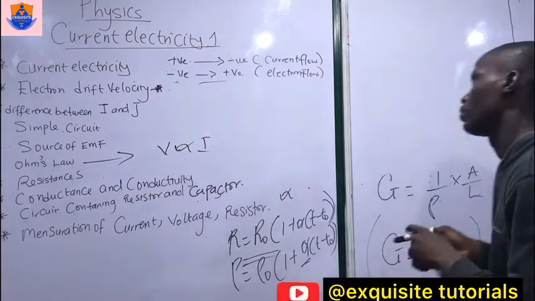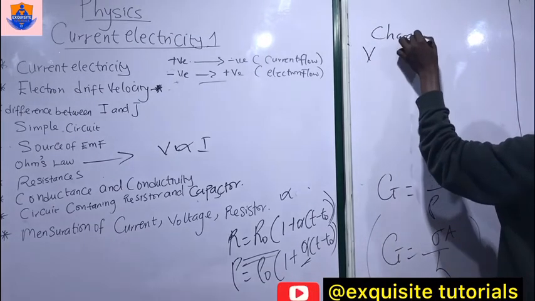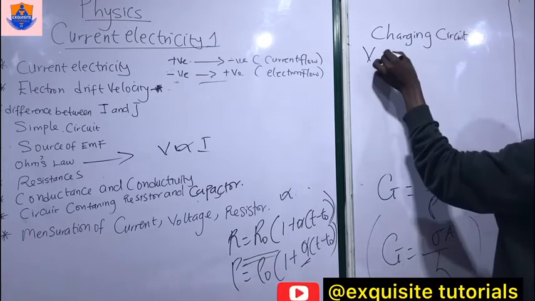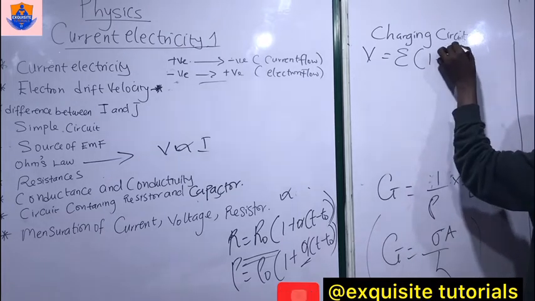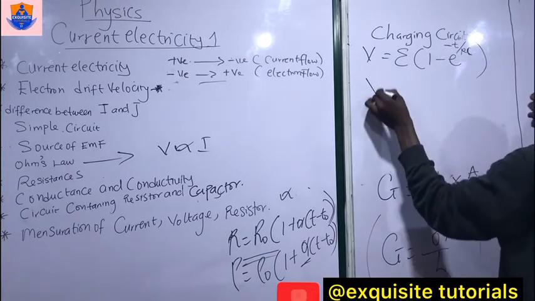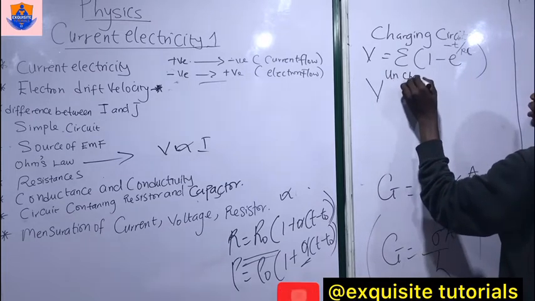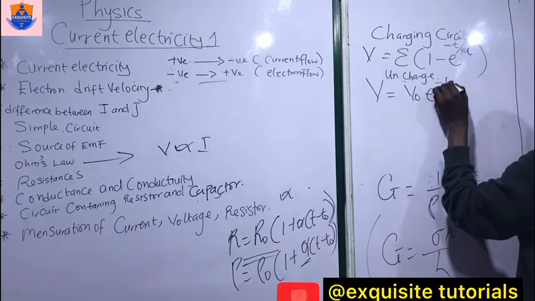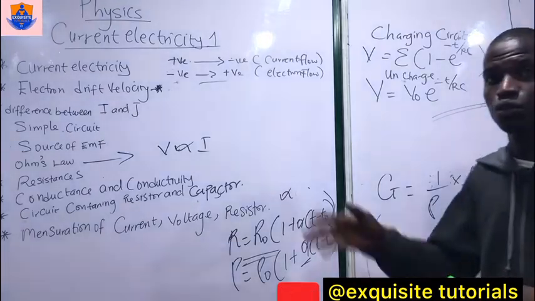So take note, whenever the circuit is being charged, the formula for charging the circuit, V is equal to... So these are the two formulas here.